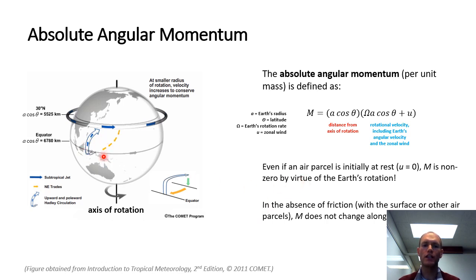And so this depiction here at left is taking into account the hypothetical scenario of an air parcel in the upper troposphere that has reached near the tropopause at the equator in the ascending branch of the Hadley circulation that is now going to move poleward away from there toward higher latitudes. So we want to consider what that means in this absolute angular momentum context.